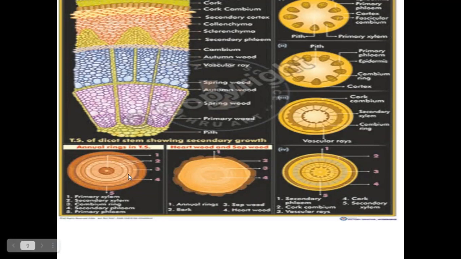Every year one annual ring is developed: first annual ring, second, third, fourth. Like this, annual rings develop year by year, each containing autumn wood and spring wood.